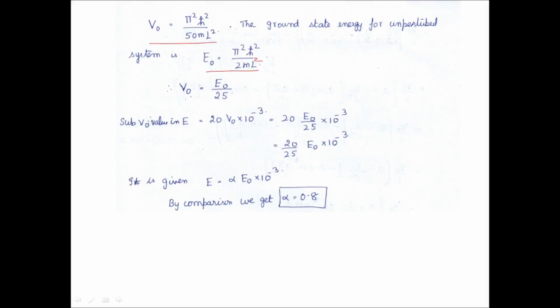We substitute the value of V naught in E equal to 20 times V naught times 10 raised to minus 3. We get 20 by 25 E naught times 10 raised to minus 3. By comparing this with the given ground state perturbation energy, we get the alpha value as 0.8.